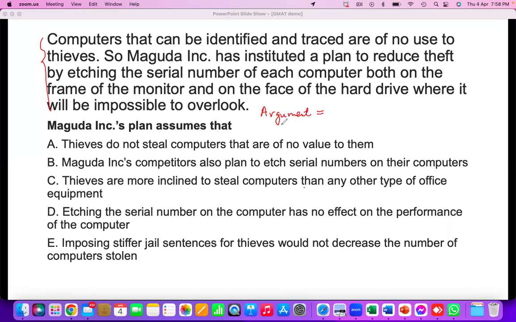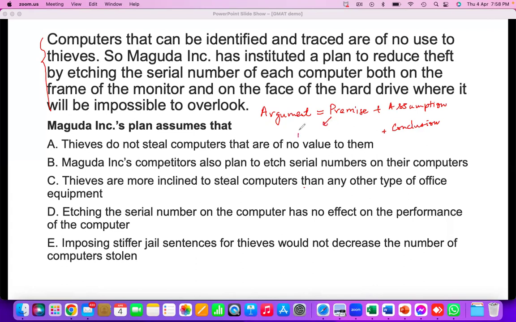And argument consists of three things. First one is premise. Second one is assumption. And third one is conclusion. Fine. Now understand what is premise.